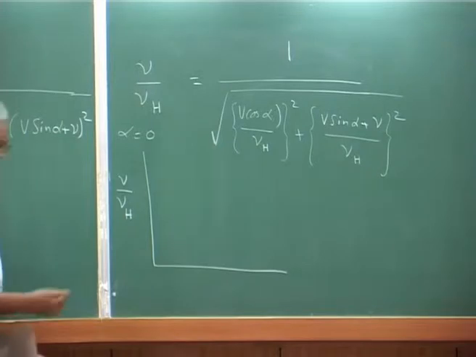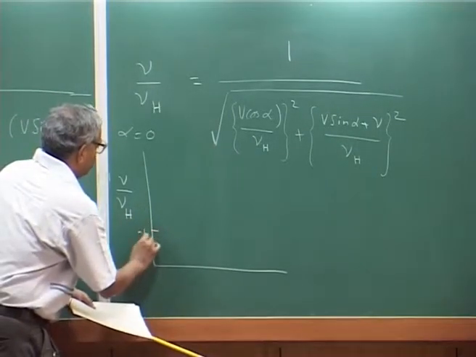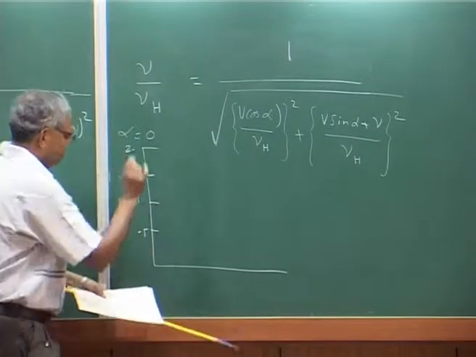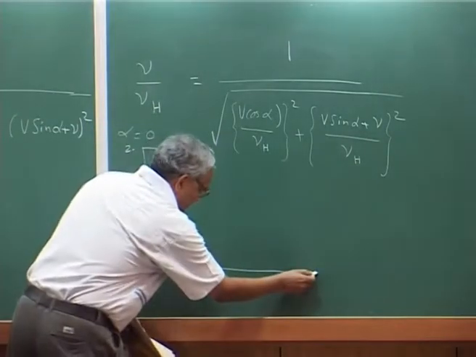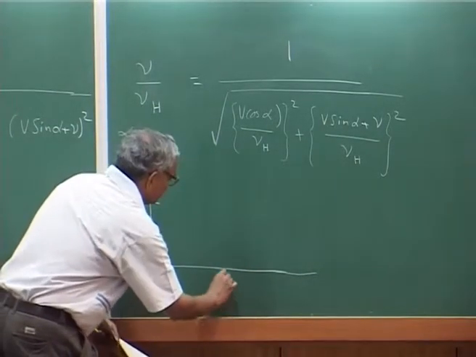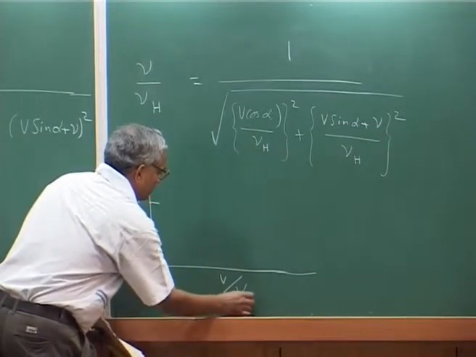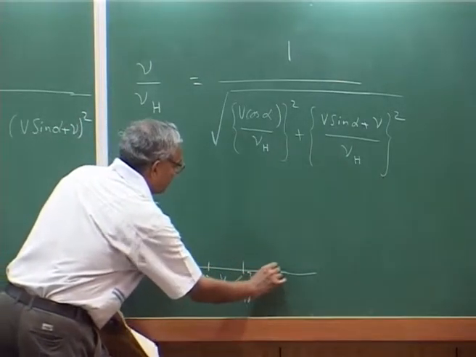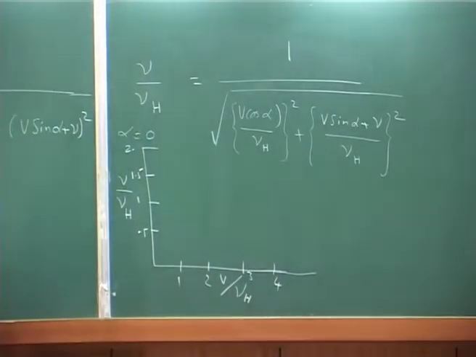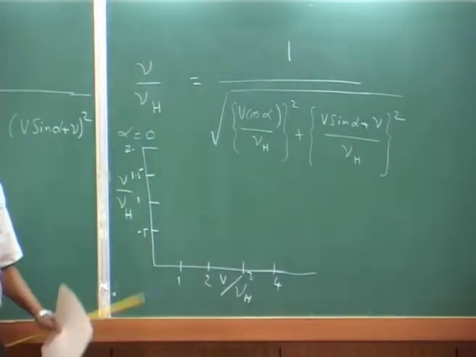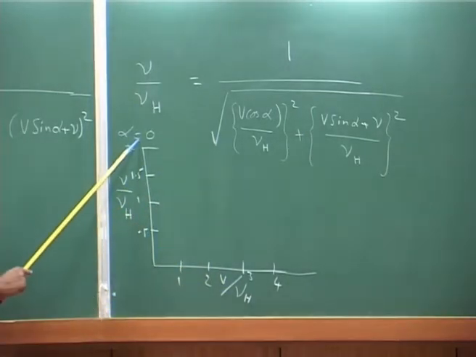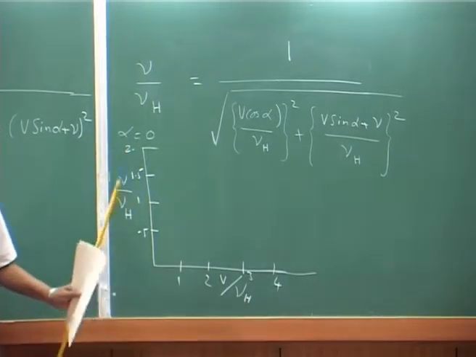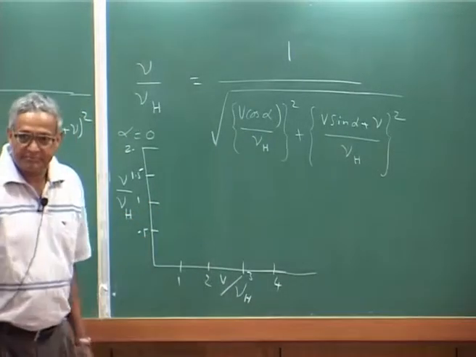Now this curve can be plotted, maybe 0.5, 1, 1.5 and 2, and here on the x axis you can have V over nu h, which is 1, 2, 3. So, I am just starting for alpha 0 this curve for various values of V over nu h.